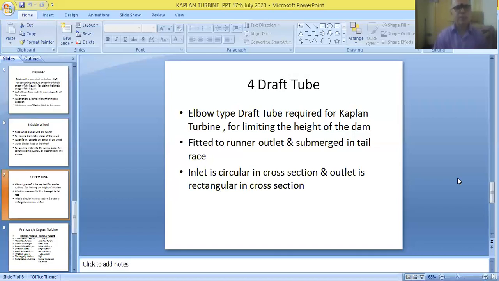So the functions of the draft tube are one and the same in both the turbines, that is in Francis and KAPLAN turbines. However, a straight draft tube must be used for a Francis turbine, and an elbow draft tube is very, very essential for operating a KAPLAN turbine.